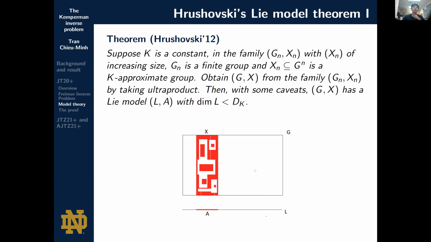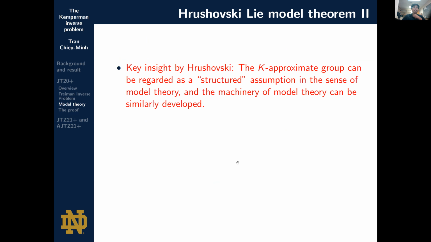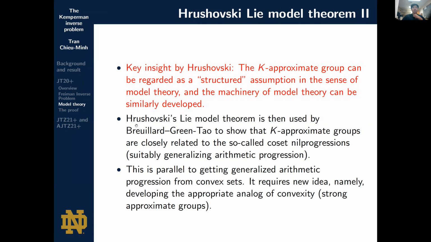So essentially, the key insight over here is that in some way you can view this K-approximate group assumption as a structure assumption in the sense of model theory, and because of that, many of the machinery of model theory can be similarly developed.